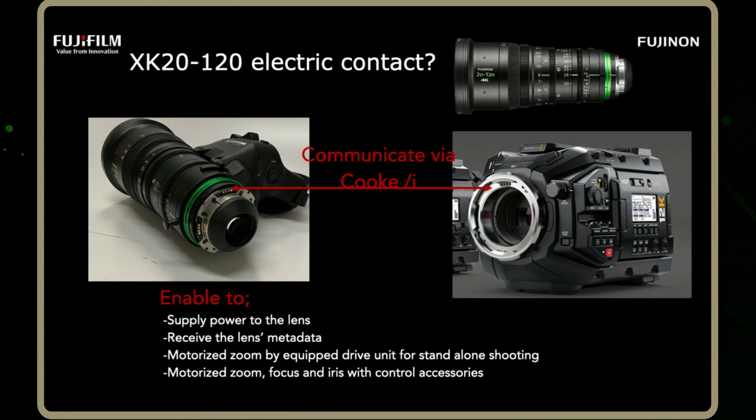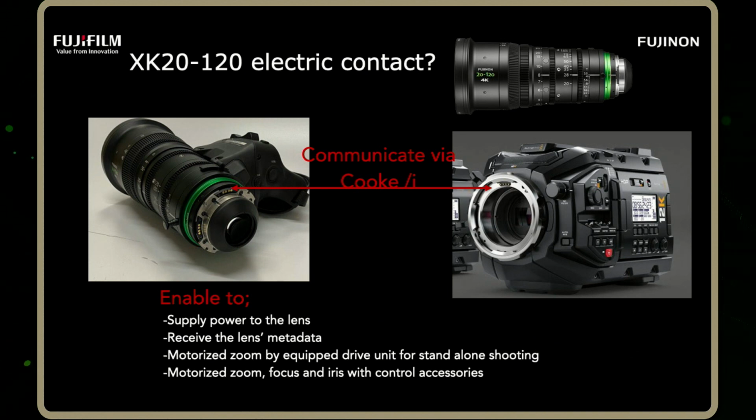The other thing that we provide in the XK20 to 120 is the Cooke /i data communication. This is built into the mount on the camera side, and it's built into the mount on the lens side as well. So these electrical contacts supply power to the lens, including to the servo, if the servo is attached.